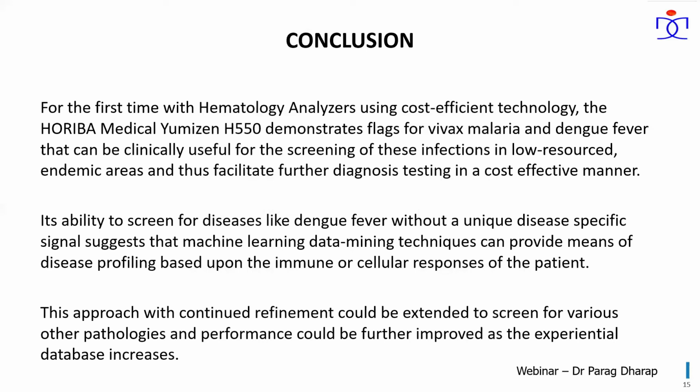Its ability to screen for diseases like dengue fever without a unique disease-specific signal suggests that machine learning data mining techniques can provide means of disease profiling based upon the immune or cellular response of the patient. This approach, with continued refinement, could be extended to screen for various other pathologies, and performance could be further improved as the experiential database increases.